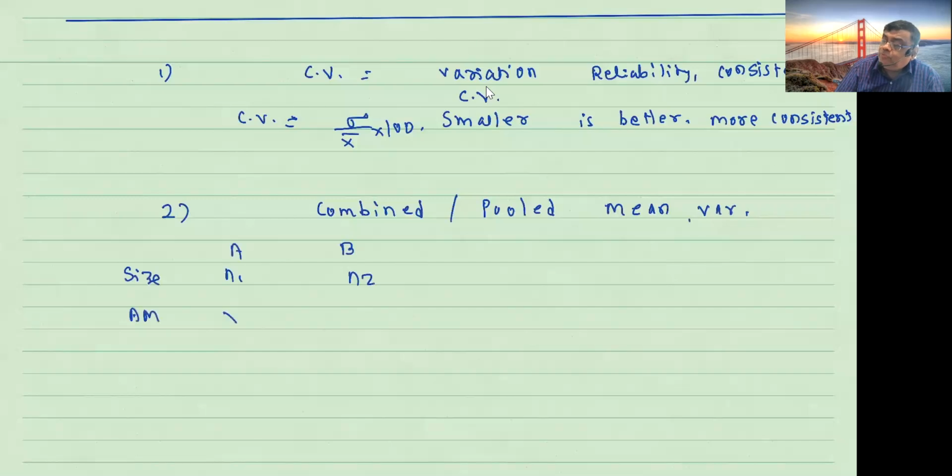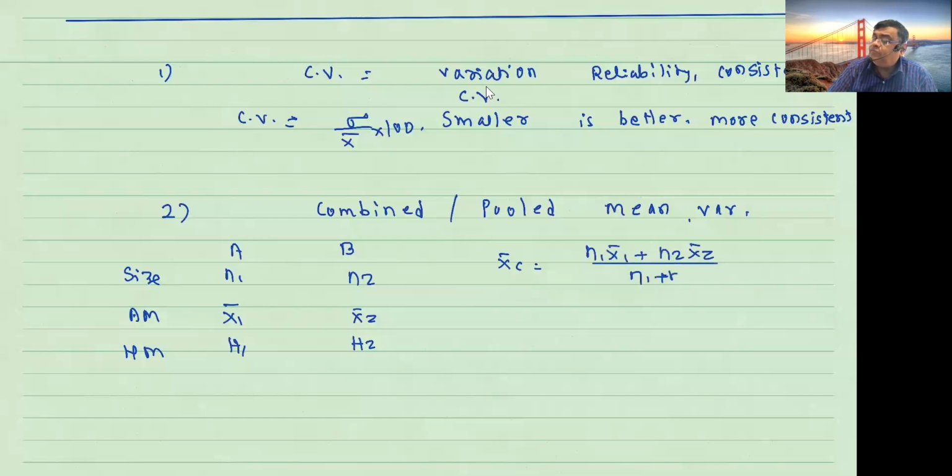Arithmetic mean of this could be X1 bar and X2 bar. Harmonic mean of this could be H1 and H2. Then X bar combined is N1 into X1 bar plus N2 into X2 bar divided by N1 plus N2.